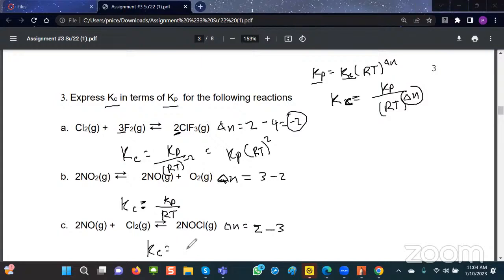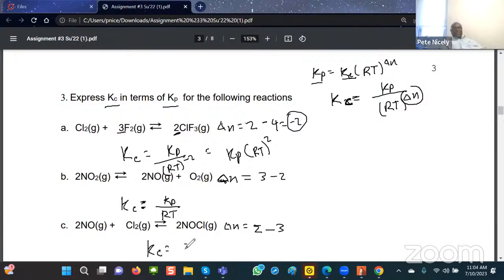Kp over RT to the -1. Exactly. Kp over RT to the -1, or we can rewrite this as Kp RT. All right.